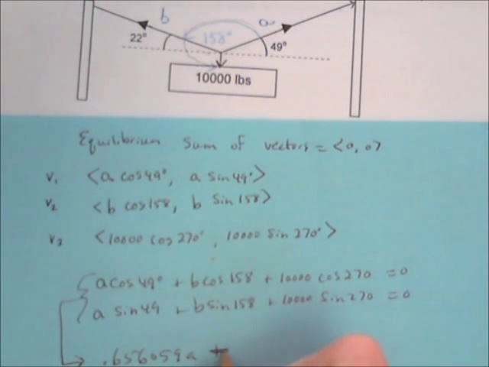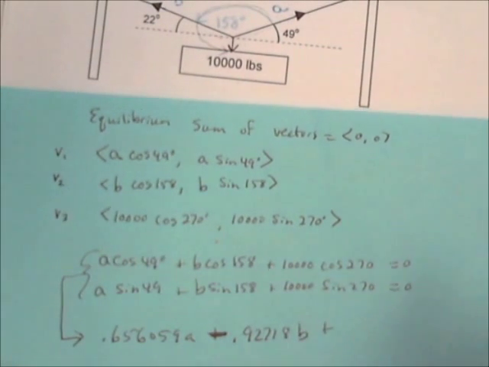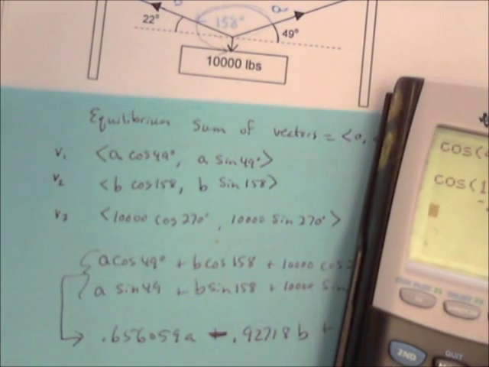So I'll just change that plus to a minus 0.92718B plus 10,000 cosine of 270. Well, I know the cosine of 270 is 0, so it's just plus 0 is equal to 0.